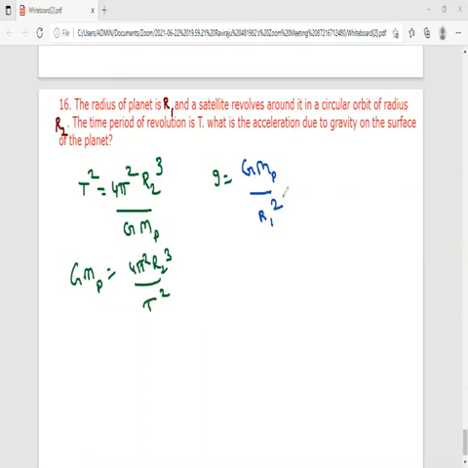And in place of GM you write the first equation: 4 pi square R2 cube by T square into R1 square. So this is the final answer. Small g value is 4 pi square R2 cube by T square R1 square. The relations whatever we have with the radius of orbit and radius of planet, we have just written them. That's it.